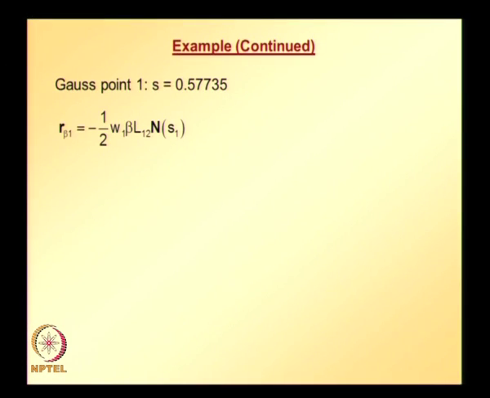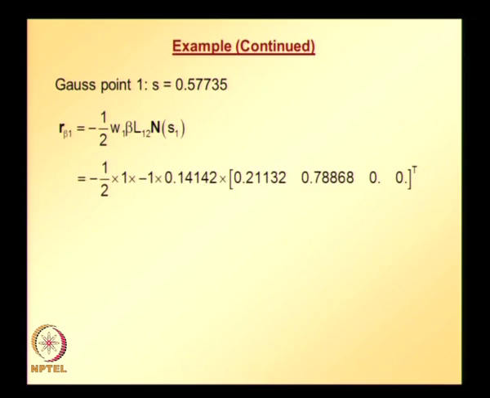So, this is the first point, and the weight at this point is equal to 1. We evaluate all the quantities, that is the integrand, at this integration point by substituting s equal to 0.57735. Simplification of that gives us this. So, this is the contribution from the first integration point to the vector r beta.